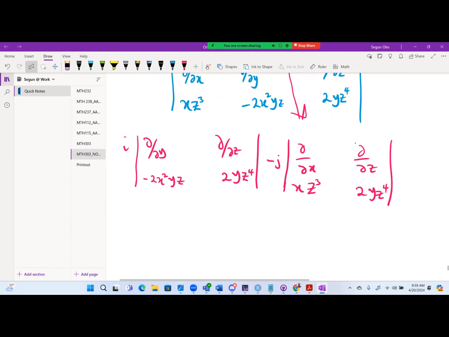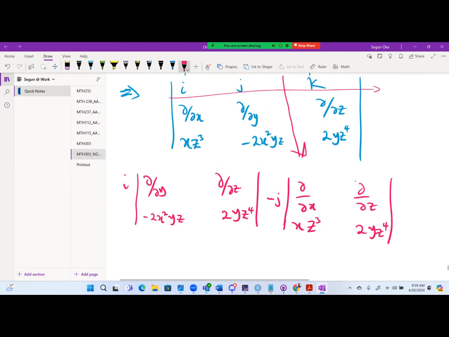So plus k. The k row and column are also crossed out. We'll release this one.